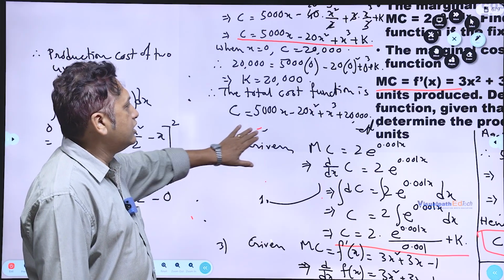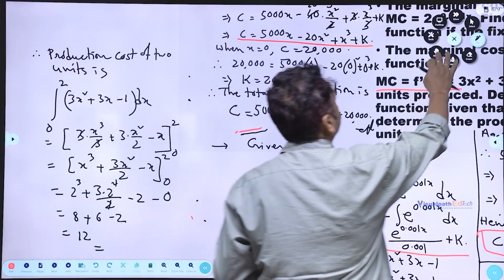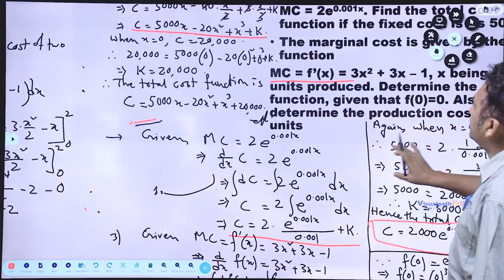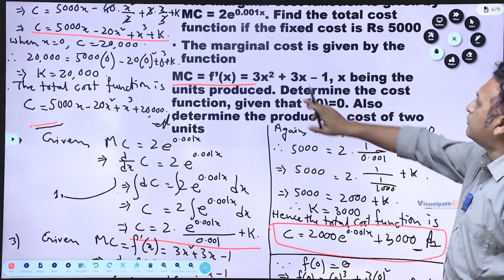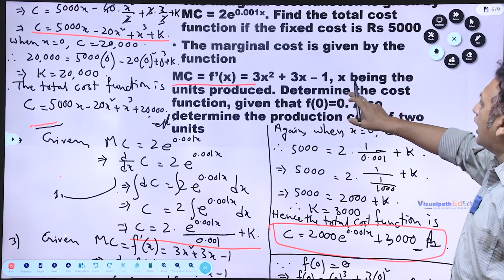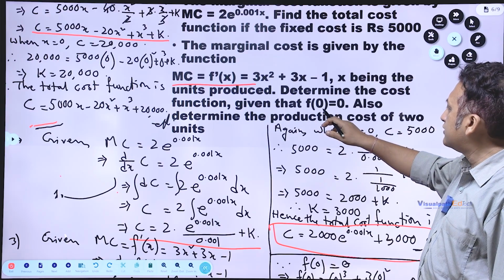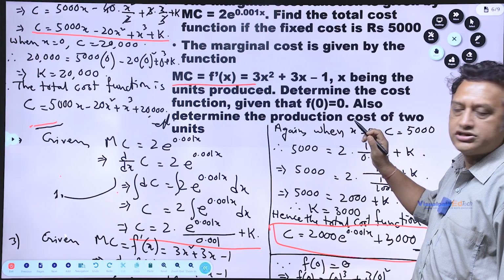So what we did, let me do a recap. So we were given the marginal cost function and we were asked to determine the total cost. There was a condition given that f of 0 is equal to 0.